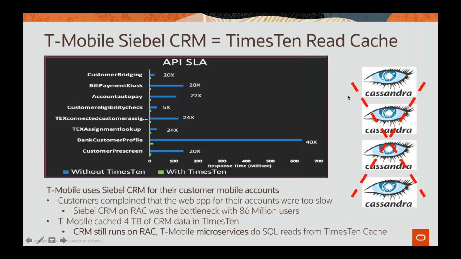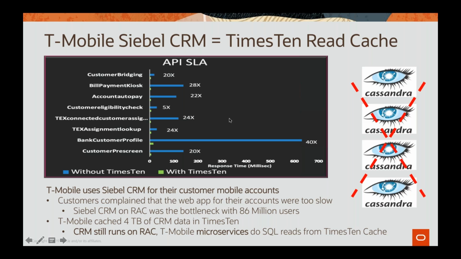So let's look at how we can use it as a read cache for a database. T-Mobile has a large system with 86 million users. Their existing system used an Oracle database and they wanted things to go faster. So they built a big Cassandra cluster, they denormalized everything, and it didn't work very well. So they used TimesTen as a database read cache.